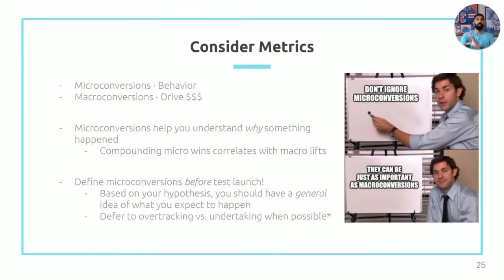The number of people making it to a form would probably lift by like 200% or something absurd. But if that final form has no change and just says something about filling out your form to get a video demo and mentions nothing about a free Tesla, people probably aren't going to convert there. So that's important to define, and it's important to say correlate. You can hack that, but make sure the macros start to paint a story, and you can use that story to help guide you towards getting those ultimate macro lifts.